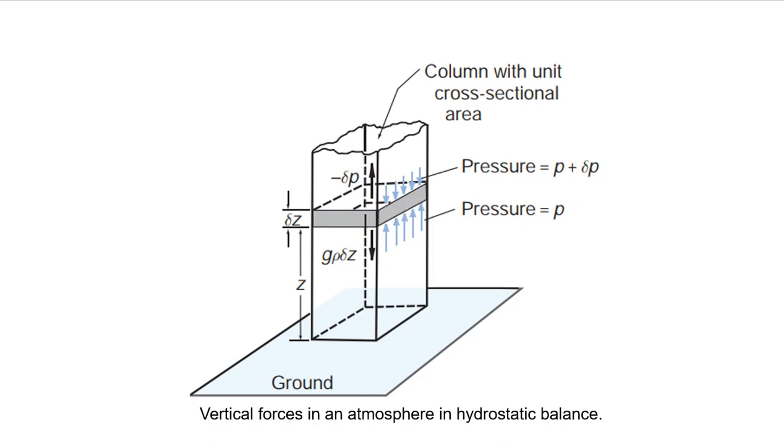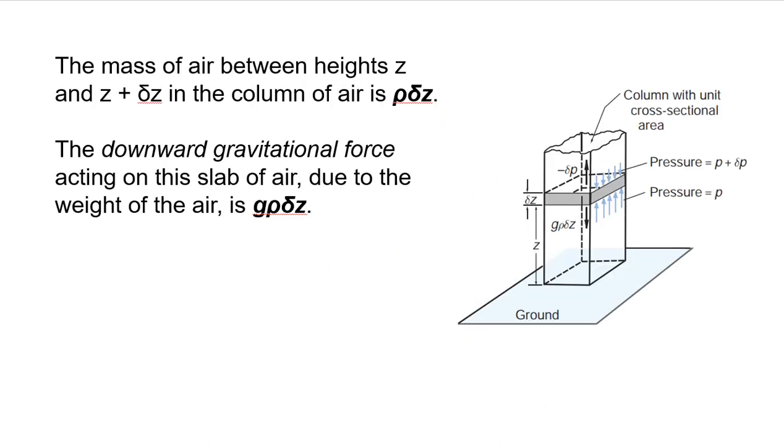The mass of air between height z and z plus delta z in the column of air is the density times delta z. And so we can see the forces acting on that slab of air. The downward gravitational force acting on the slab of air, let me just underline that, downward gravitational force.